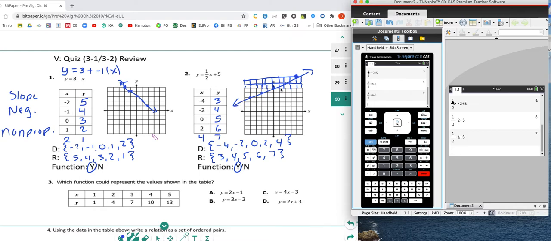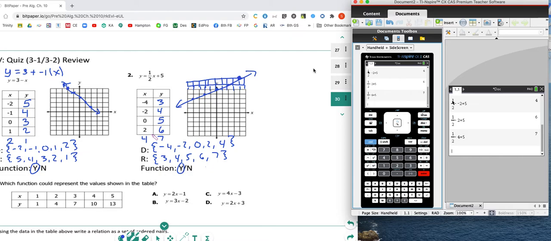Number 2 is pointing up, so it's positive, does not go through the origin, so it's non-proportional.